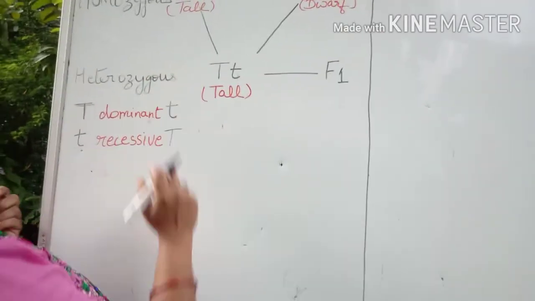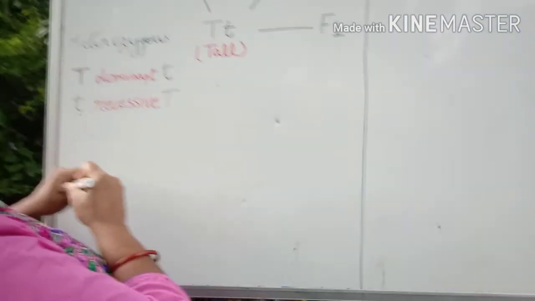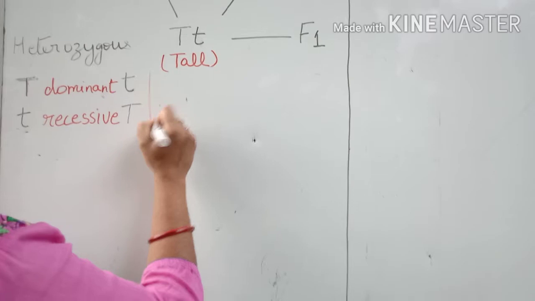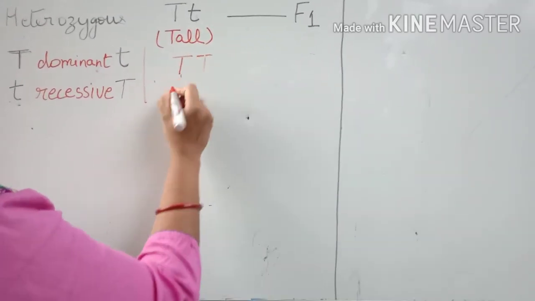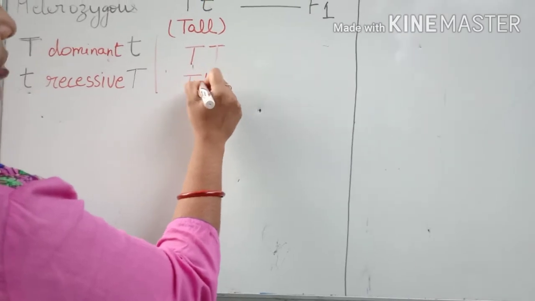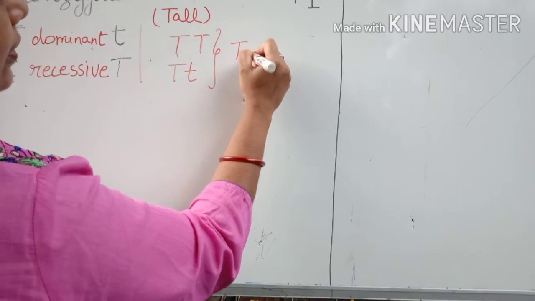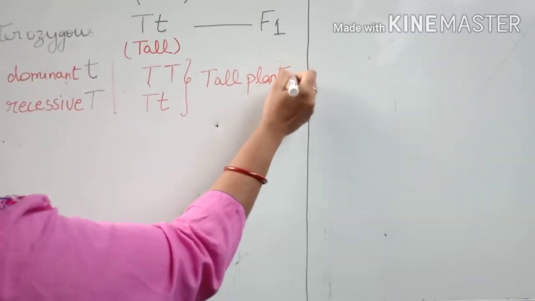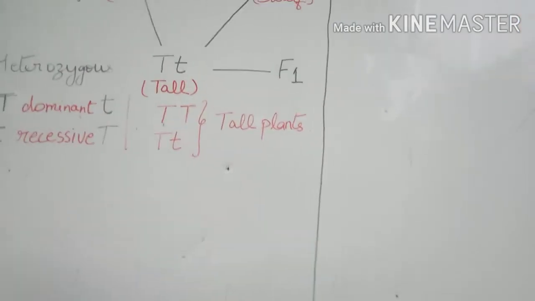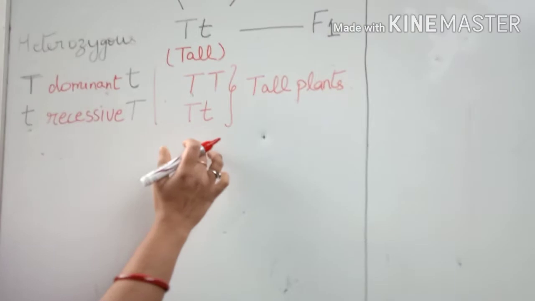Only tallness is expressed. So from here what we understand is that if it is capital T both, or if it is capital and small t, in both conditions only tall plants are there. So this is what happens for the F1 generation.